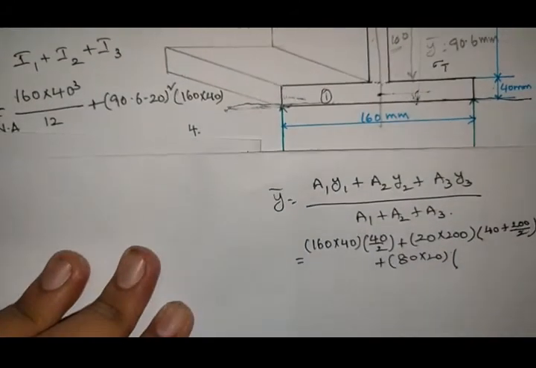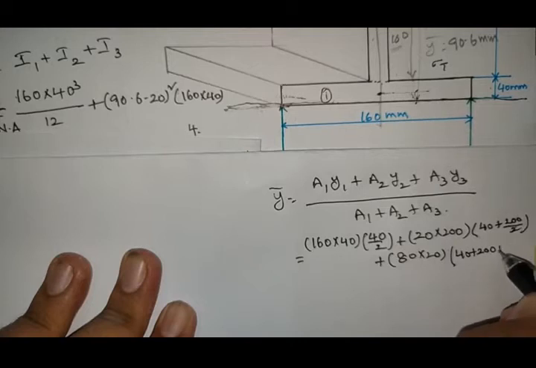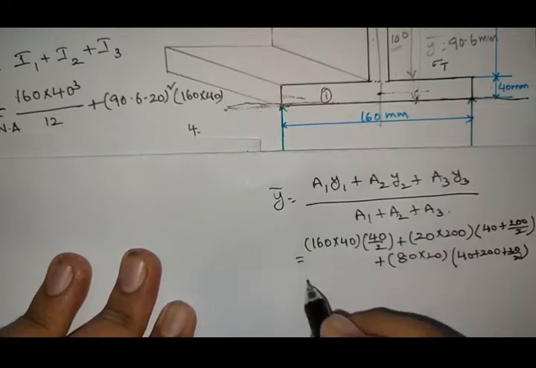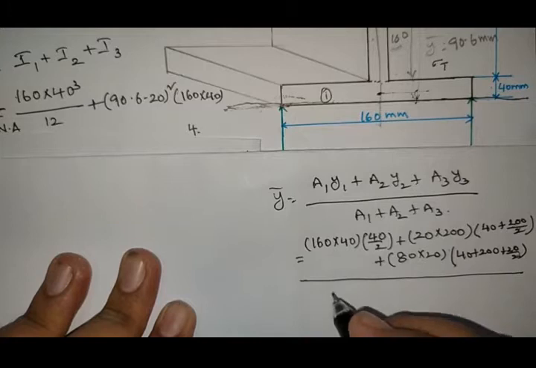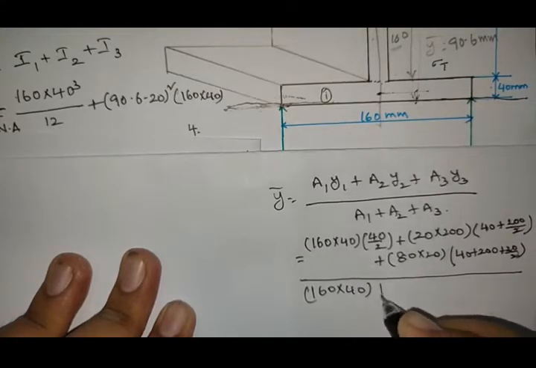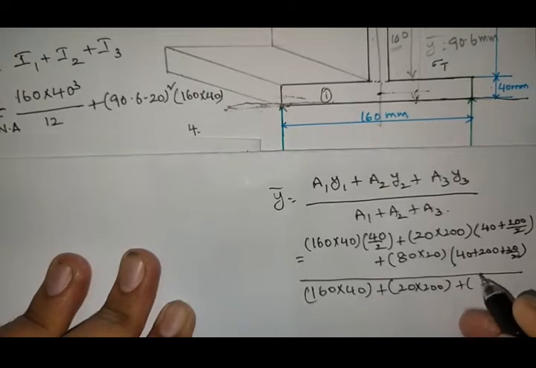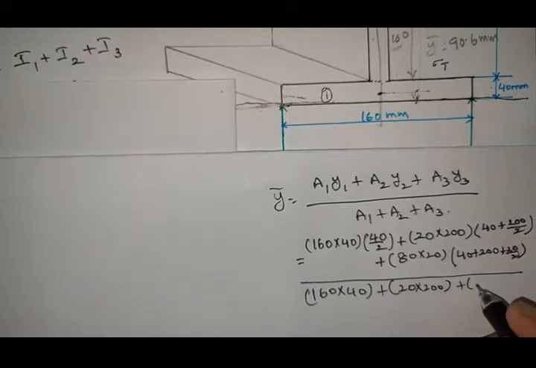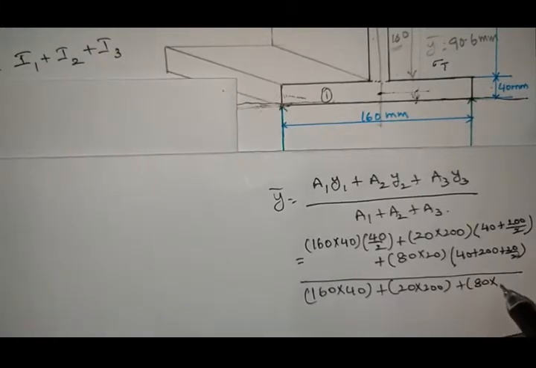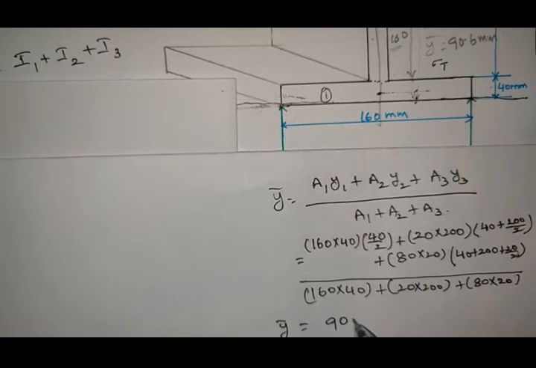So now write that: 40 plus 200 plus 20 by 2 by a1 plus a2 plus a3, that is 160 into 40 plus 20 into 200 plus 80 into 20. So that equals to, you will get y bar as 90.66 mm.